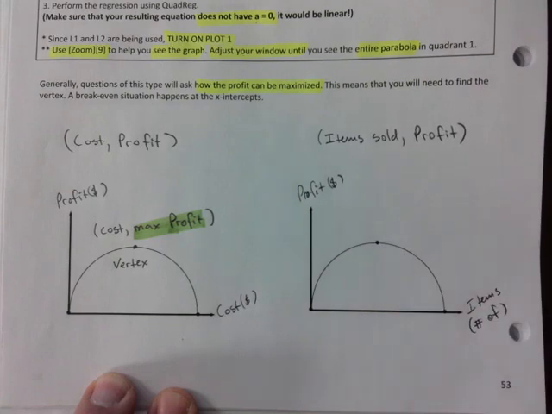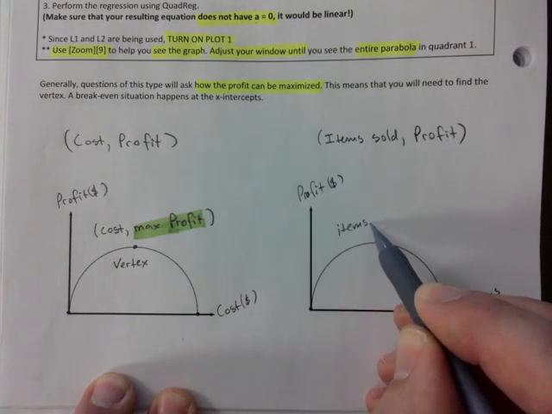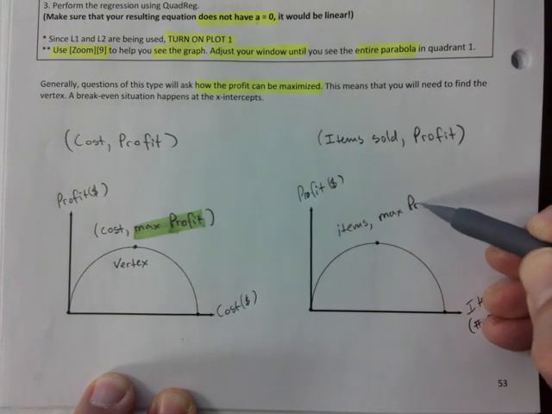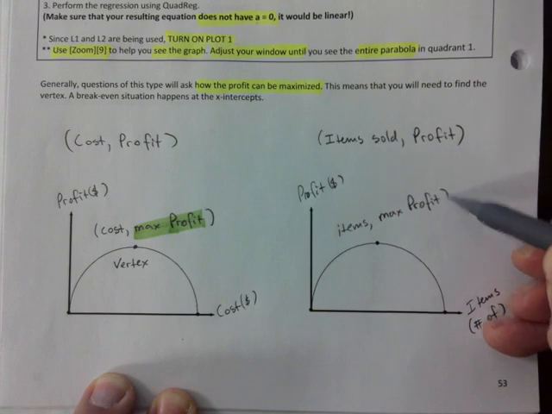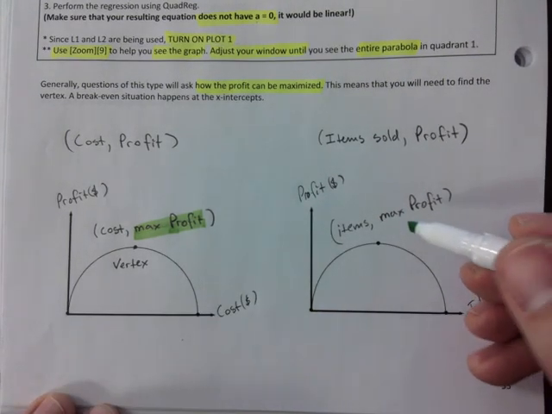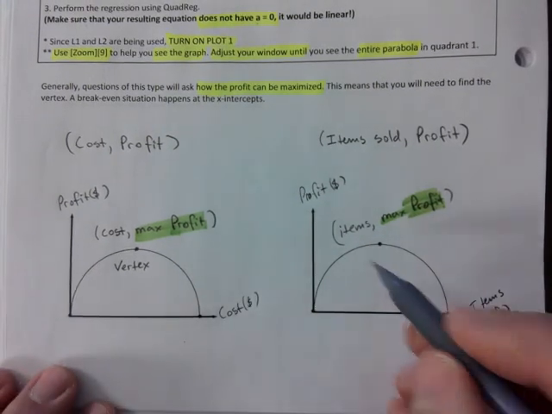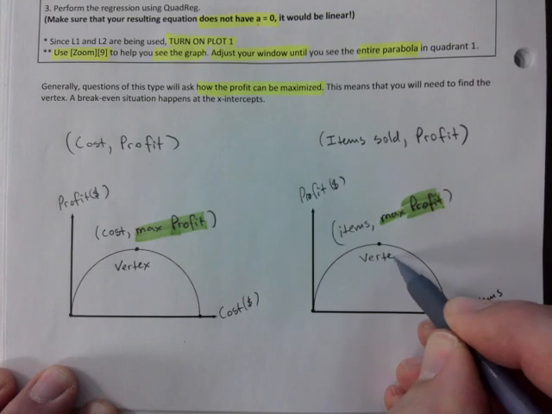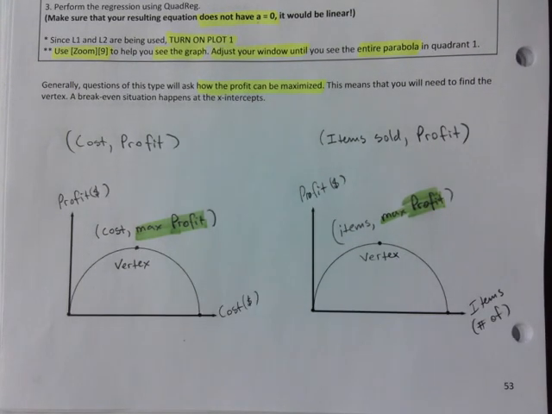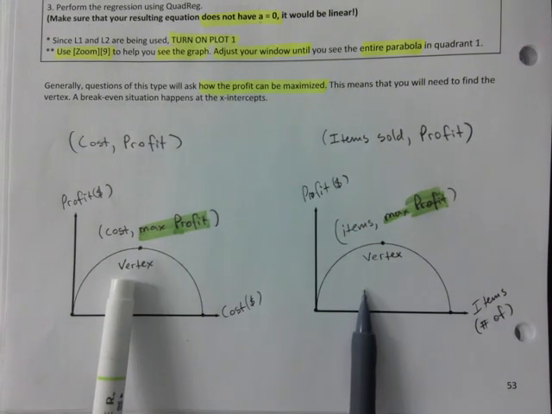The vertex would tell you, hey, this is how many items need to be sold to get the max profit. So max profit happens at the vertex as well. Guys, the curves themselves will look different.